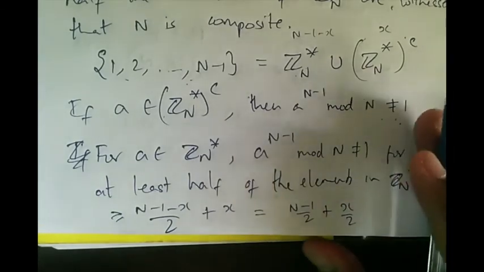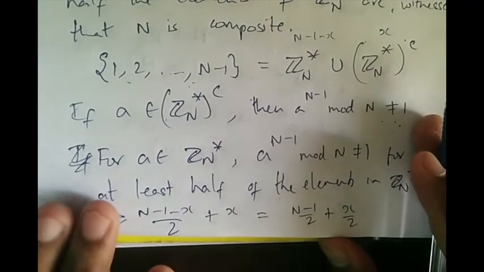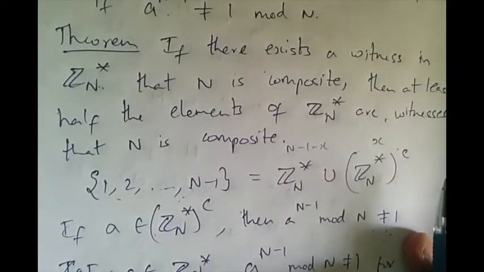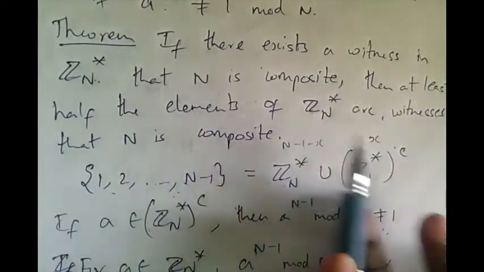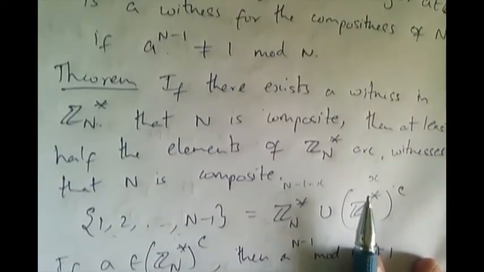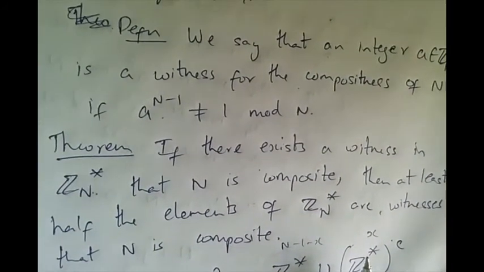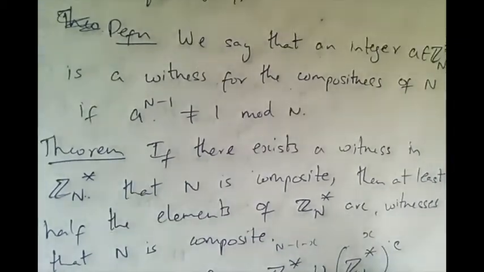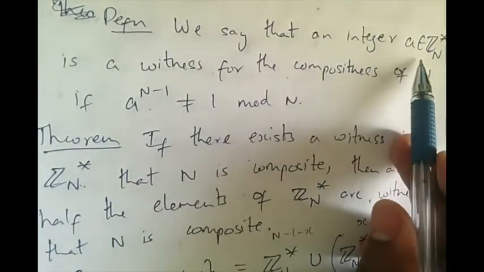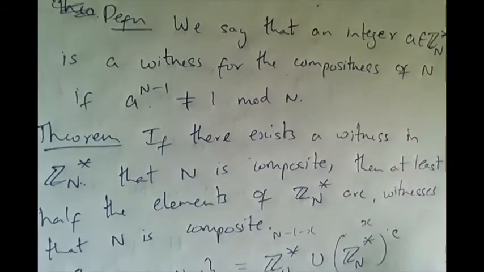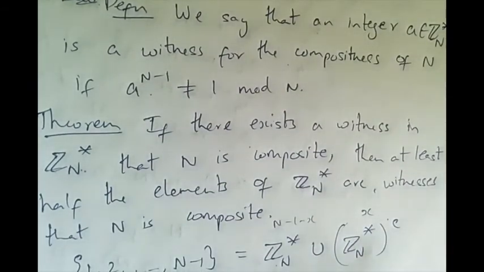So this theorem tells us that if we get lucky, let's go back to the theorem. There exists a witness in Zn star such that n is composite. What is the definition of witness again? If there exists at least one integer a in Zn star such that a raised to n minus 1 is not equal to 1 mod n, then at least half the elements in Zn star are witnesses.